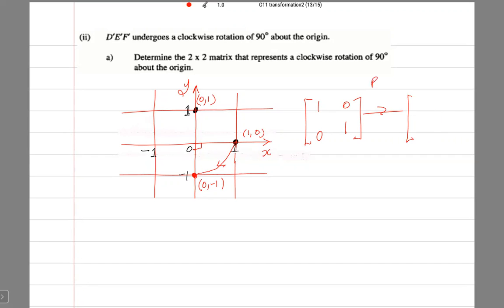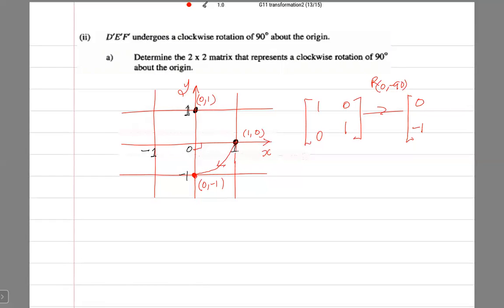This is R_O,-90, a clockwise rotation of 90 degrees about the origin. When we applied the transformation to (1, 0), it became (0, -1).